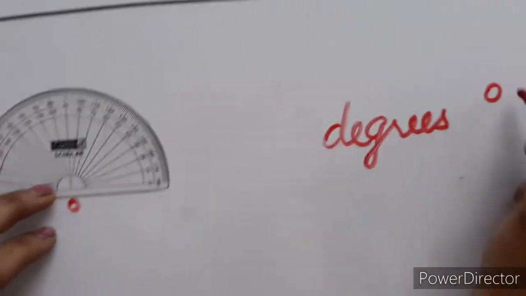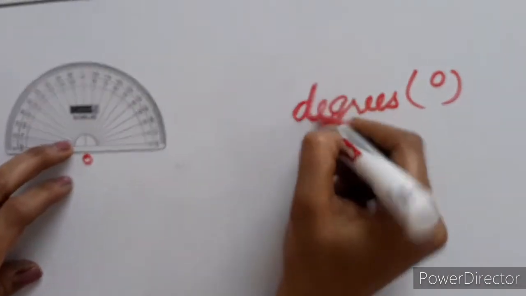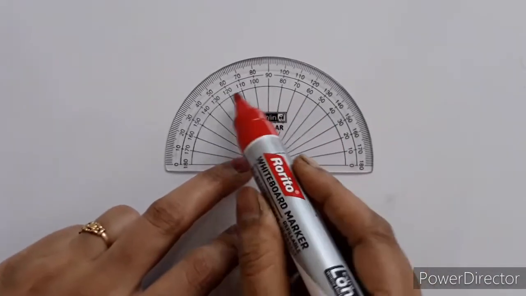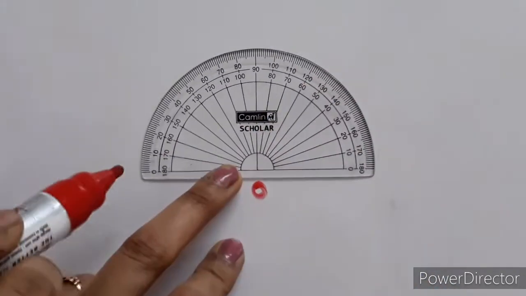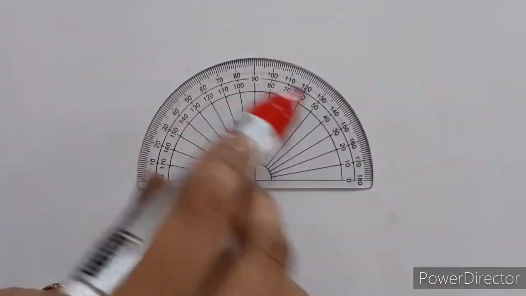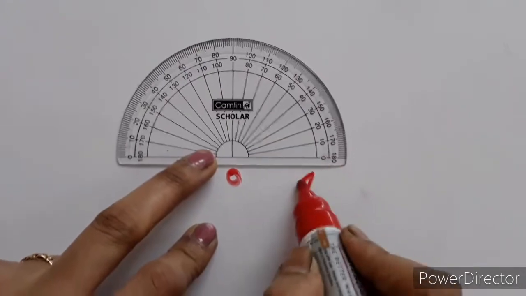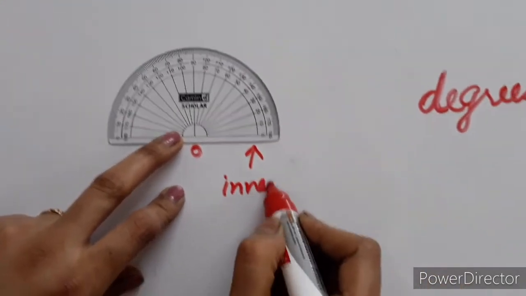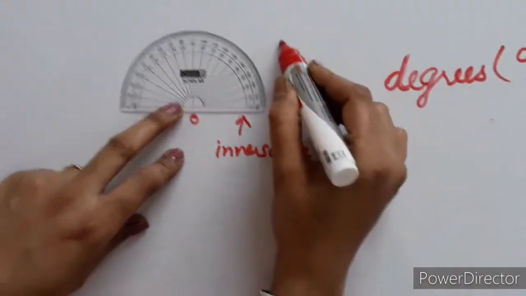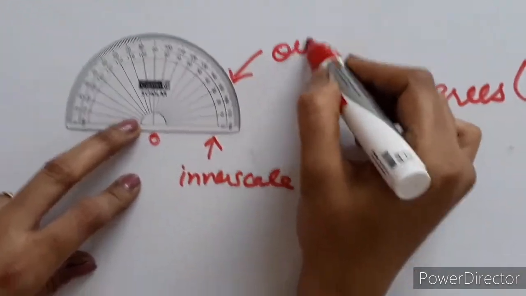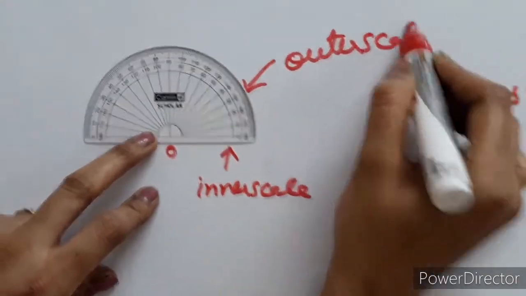So this is the symbol to measure the angle, and you can see here from 0, 10 up to 180. Again from 0 it starts here and goes to 180. So there are two scales here, the inner scale and the outer scale. This is named like that.